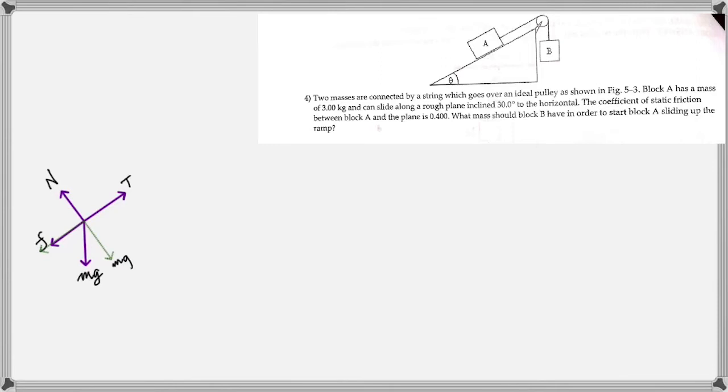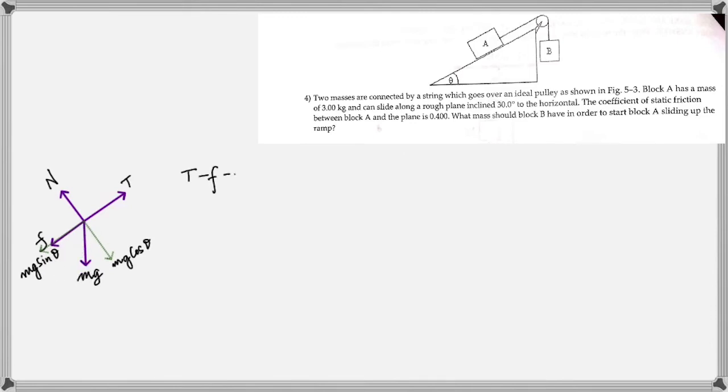This is mg cosine theta. Why? Because this angle is theta. That angle would be exactly this angle. Same thing if you draw this diagram here. Therefore, that becomes the adjacent side. This is the opposite side, which you could draw here.